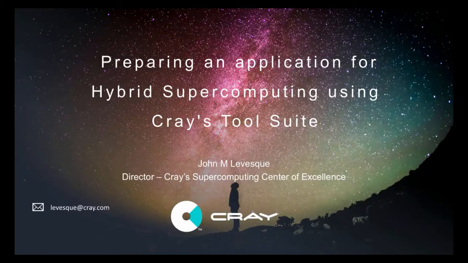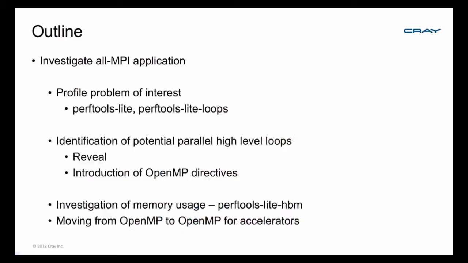But today I'm going to talk about taking an all-MPI application and moving it to a hybrid code using MPI and OpenMP. So the outline will be to first investigate the all-MPI application.